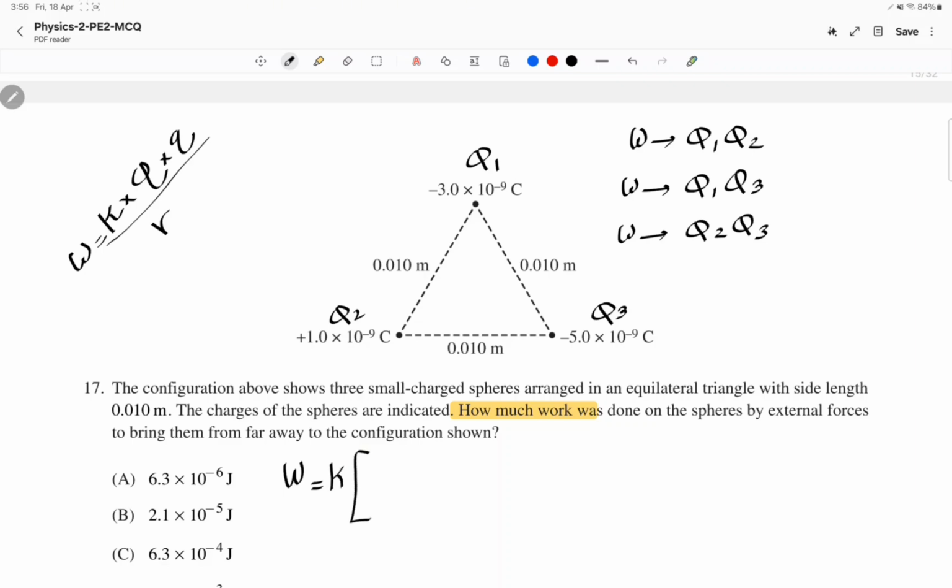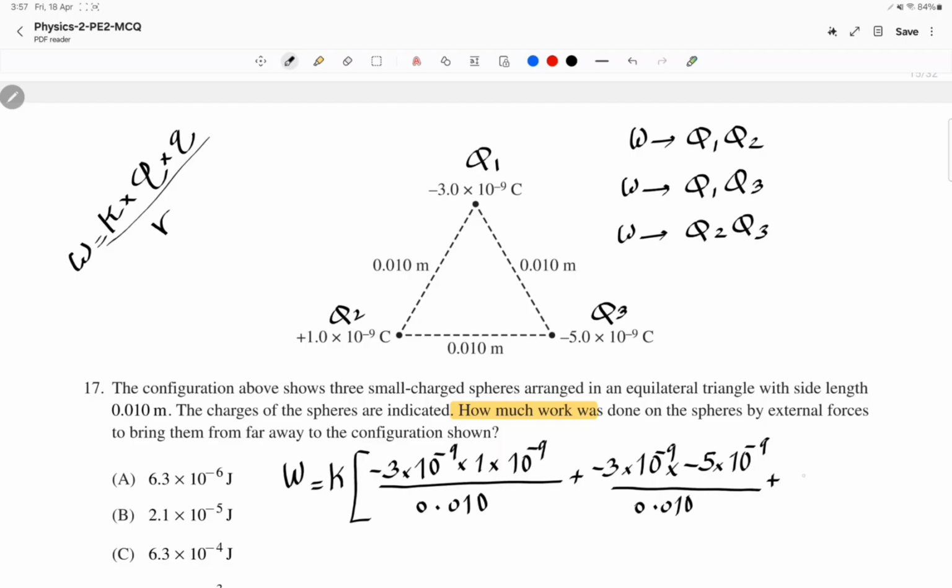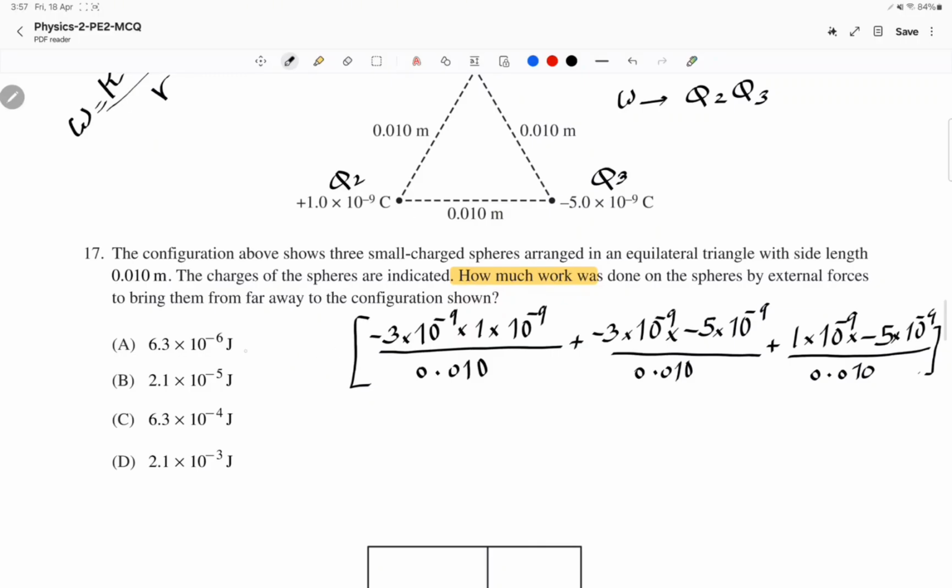So I'll do Q1 times Q2 over R, Q1 times Q3 over R, then Q2 times Q3 over R. Now simply replace the K with how much? 9 point something. Yep. 9 point, yeah. Got you.